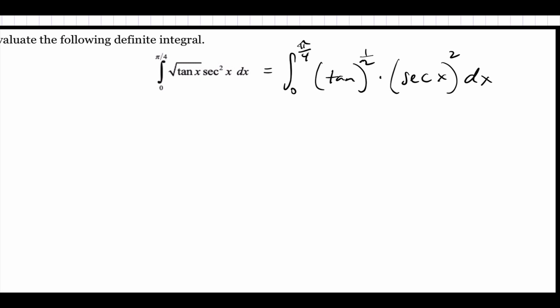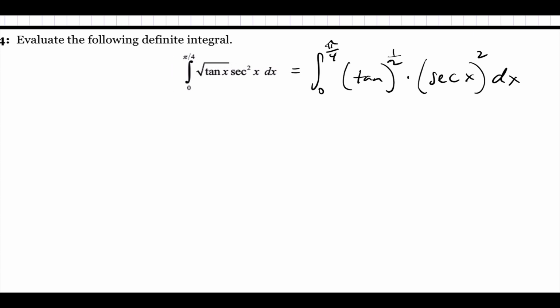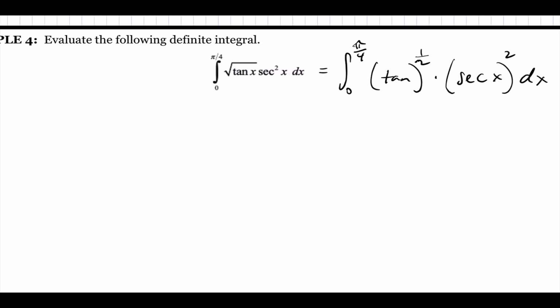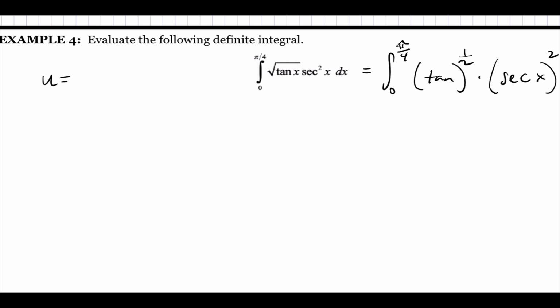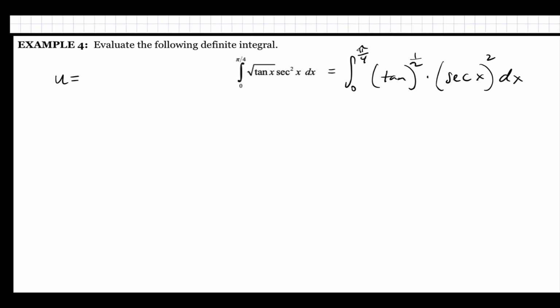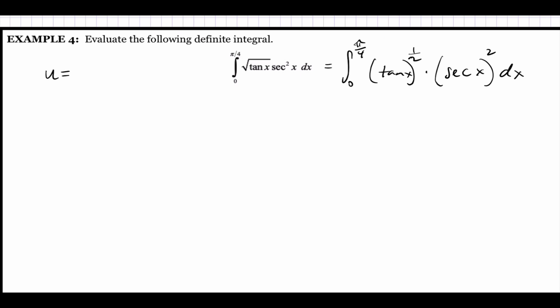Pretty sure I'm going to have to use U substitution here because I have half powers, I have squareds. So my question is, which one is going to be U? I have two options. I have tangent, I have secant. Which one is going to be U?